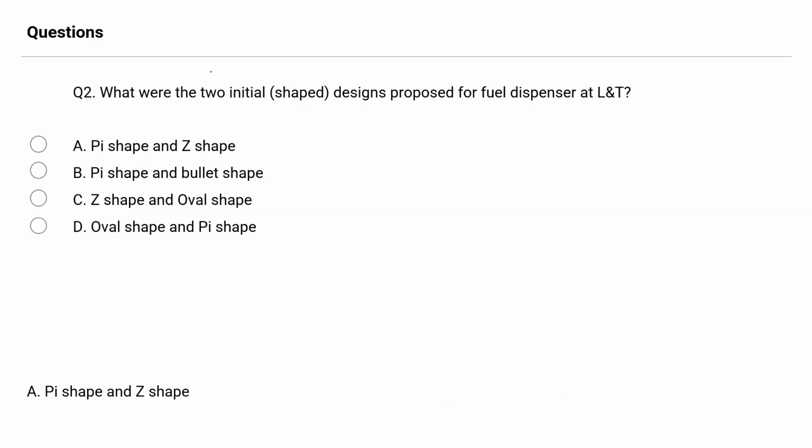So coming to the question, two initial shape designs were pie and Z. C. So this is the correct answer. Please remember it. The initial shapes proposed at L&T for fuel dispenser were pie shape and Z shape.